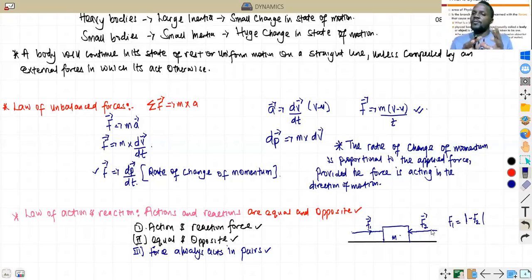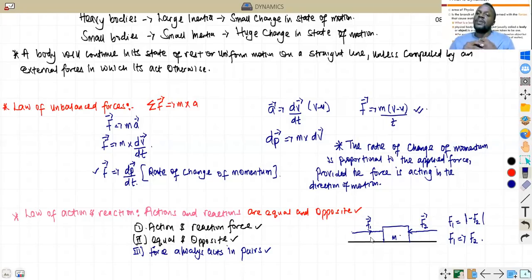The action force is F1. The reaction force is F2. Why I'm putting in modulus is because the absolute value of any number is always positive. So keeping that at the back of our mind, we can say F1 is equal to F2. Keep in mind that if a force is applied to a body, forces always act in pairs. There will always be another force that will balance it.